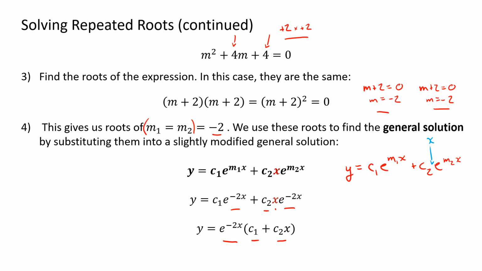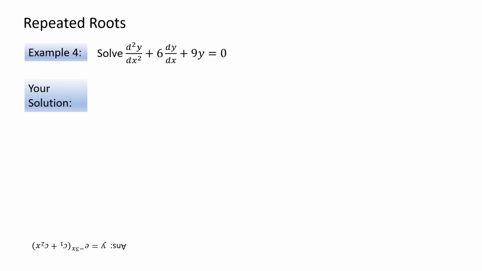Okay, so that's the only major difference, is that adding that x piece in here when the roots are repeated. Right? So we're going to go through just one example with repeated roots because you saw everything else in it is the same, right? Everything else is the same as if we solved those real distinct roots in our first case.